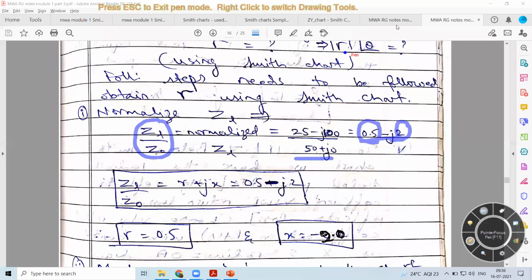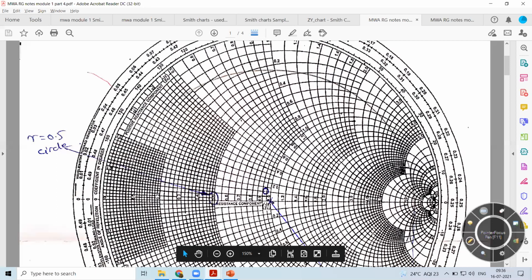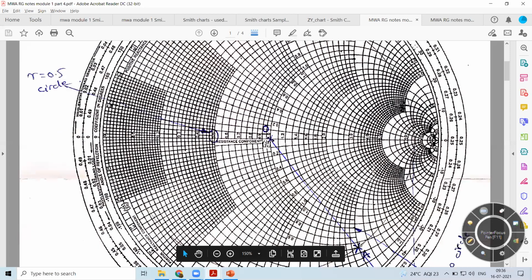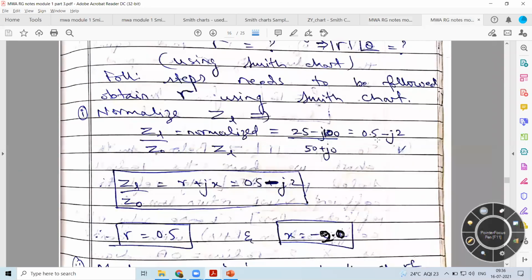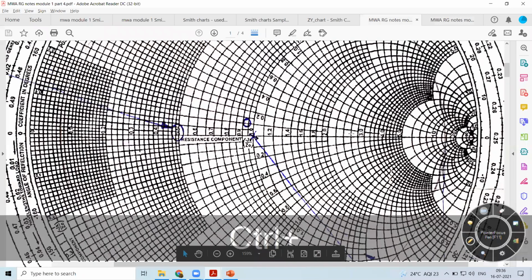So we'll come down to the Smith chart. In the Smith chart, we should see where the resistive circle associated with 0.5 is and where the reactive circle associated with -2 is.